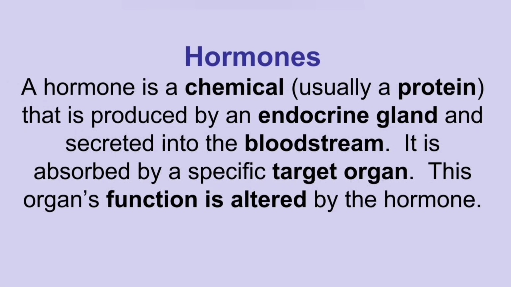So a hormone is a chemical substance that is produced in an endocrine gland, then it goes into the bloodstream. It's absorbed by a target organ, and the organ's function is altered by this hormone. Perhaps it's easier to understand what a hormone is and how the endocrine system works by making a simple drawing. So imagine this is our endocrine gland.